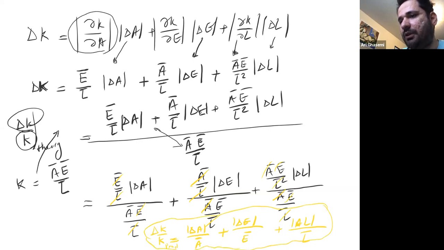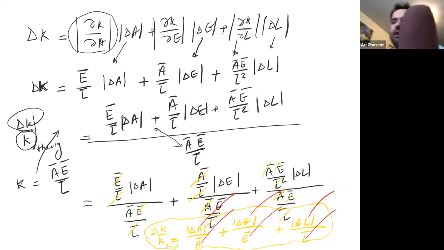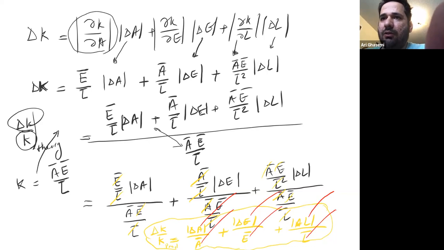So how do you put these numbers here? You go to the table, you already had delta. You just take an absolute value, put it here. You have L average, you put it here from the table of measurement. You have error in E, put it here. Average in E, put it here. Error in A, average in A. And then you get delta K over K. When you get delta K over K, then you come to this table and put it right here.